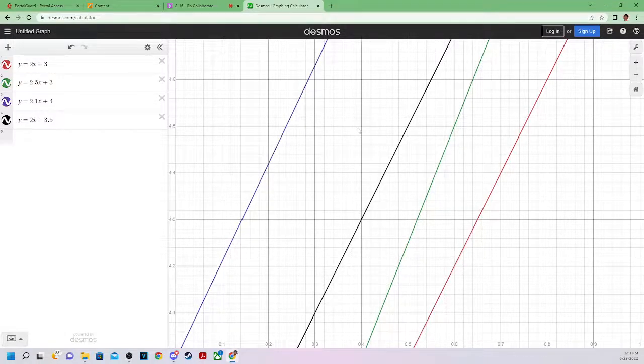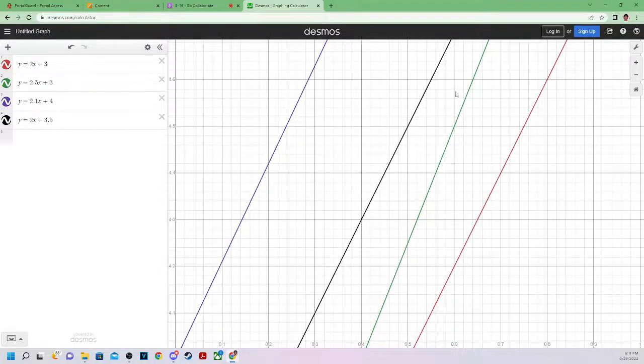Notice that when you're doing these lines, they're made up of two things: a point, which sometimes is the y-intercept, and the slope. Well, one of these features will affect how lines are parallel. And it turns out that, hey, if two lines are parallel, they have to have the exact same slope.